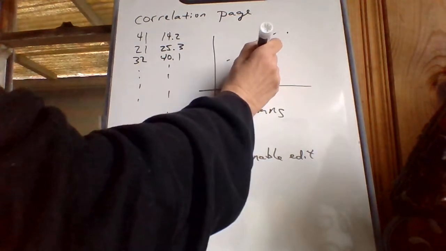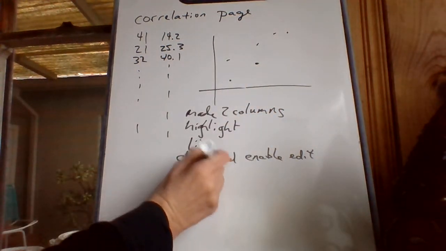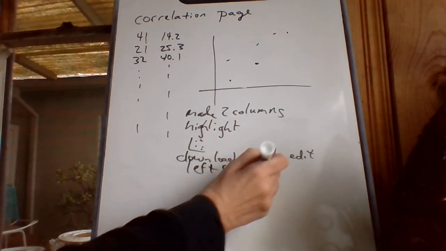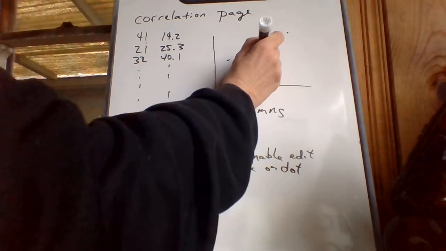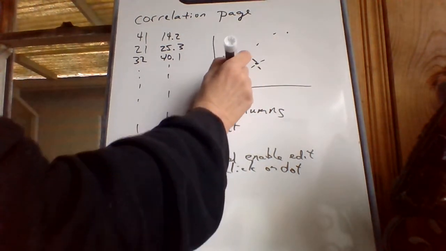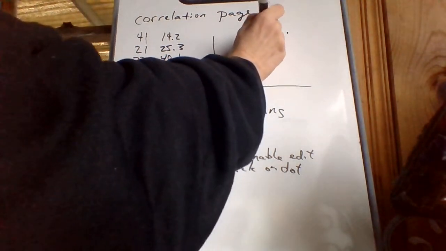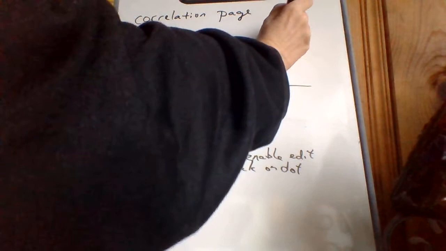Doesn't matter which one, just pick one and left click on it. And what it does is it puts a little X on every single one. So basically it's selecting them all. That's all you've done, and you told it to select them. Hasn't done any work yet.